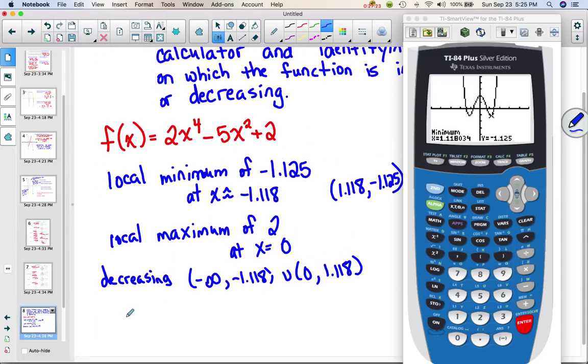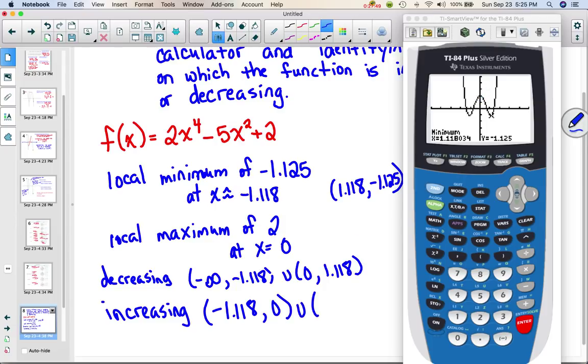So that's my decreasing. And my increasing interval, so notice how I'm using my maximums and my minimums to help me find those values, but I needed the x value, not the y value, from the mins and maxes. So then it's increasing from this x value, which was negative 1.118, up until 0.